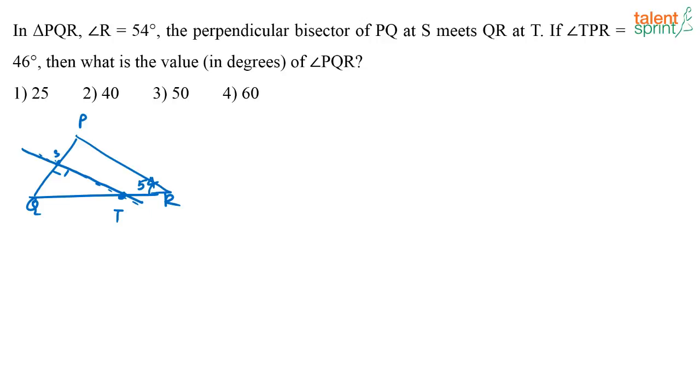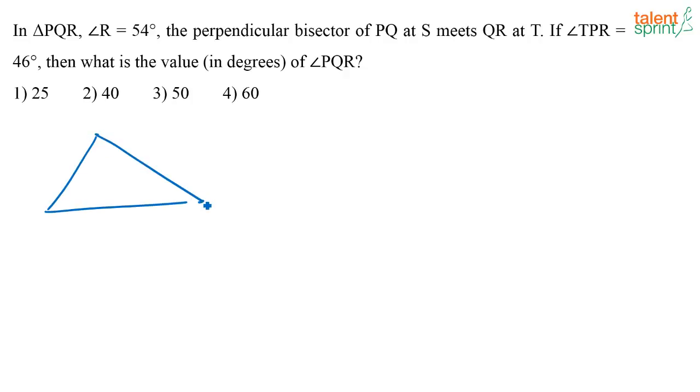Now what are they saying? Let me just draw it neatly. You have a triangle PQR, the perpendicular bisector of PQ, that is here.